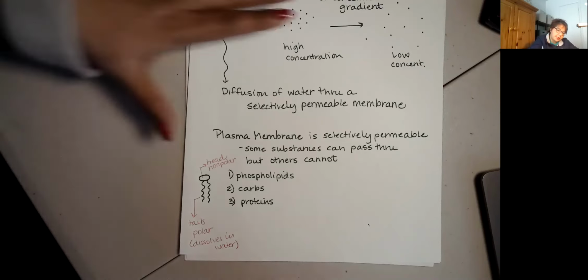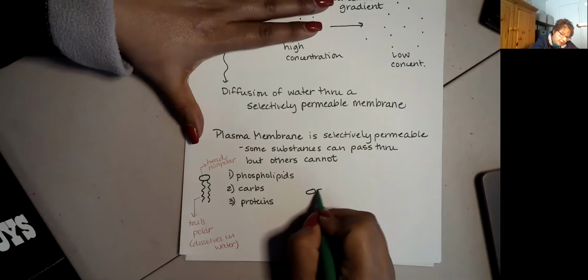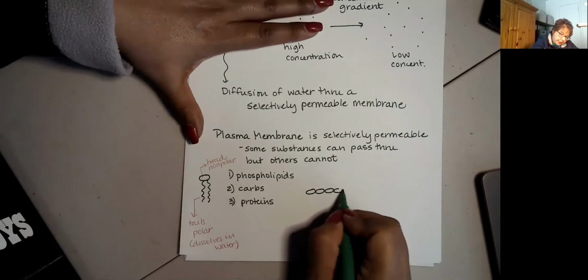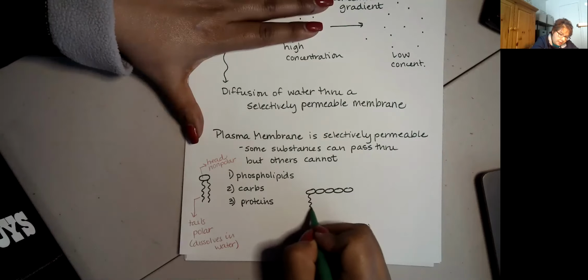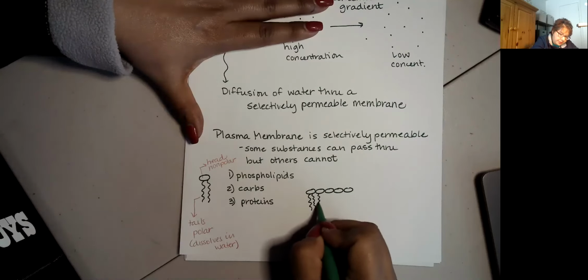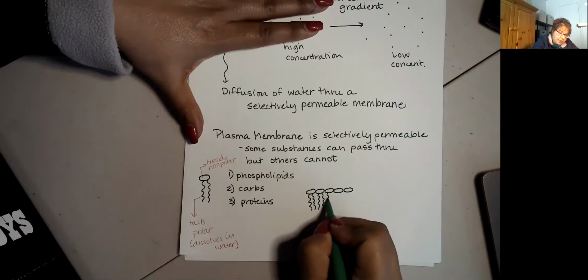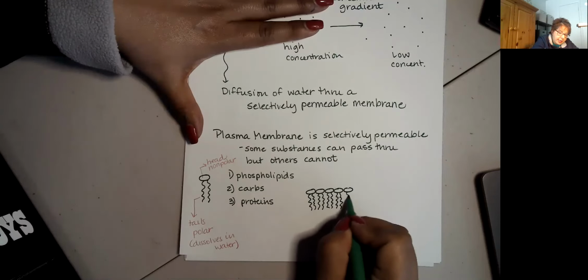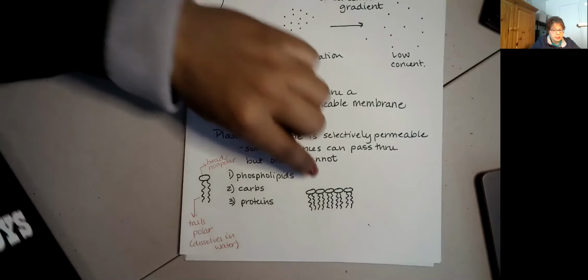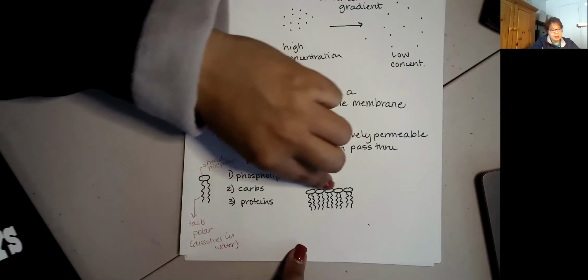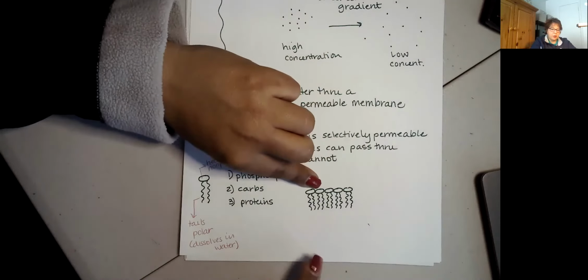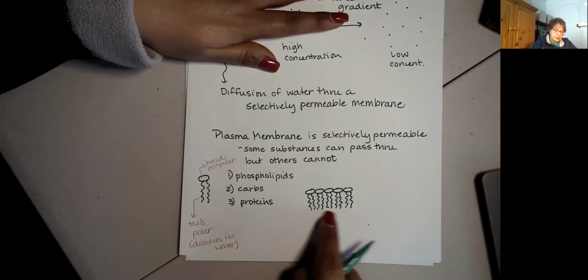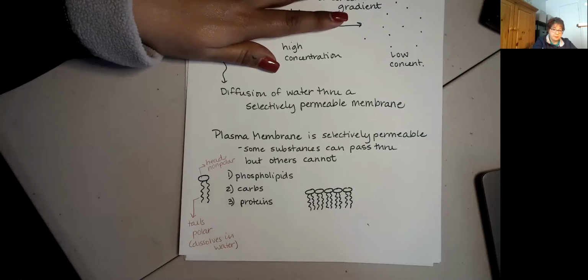If you take a bunch of phospholipids and line them up together, an interesting thing happens. They naturally orient themselves so that the heads dissolve into each other, and so that the tails dissolve into each other.